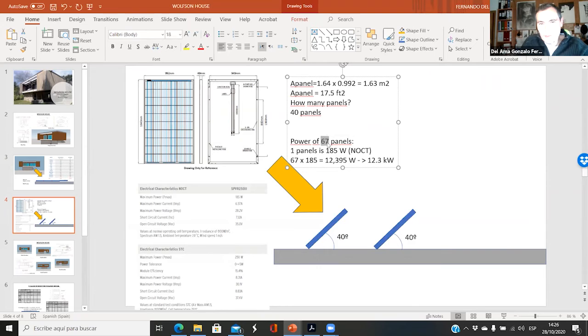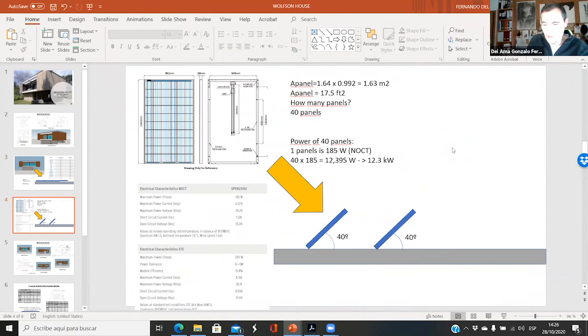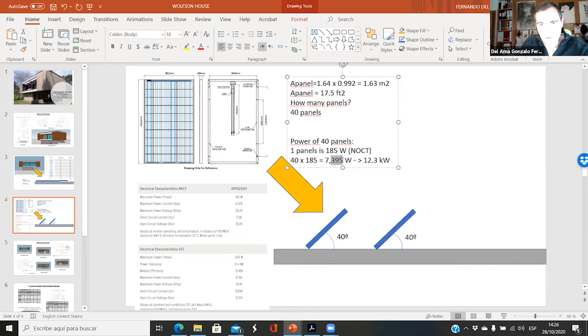What is the power of 40 panels? Let's say 40 times 185. So let's do this. 40 times 185 is 7,400 watts. In kilowatts, it's 7.4.